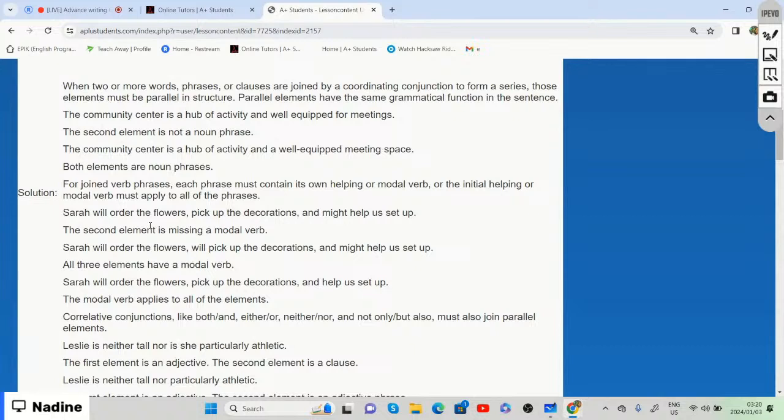They must have the same grammatical functions within the sentence.